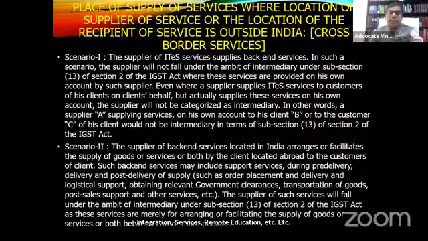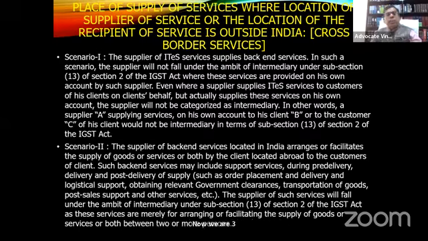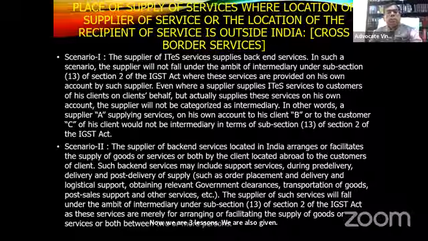Now here 3 illustrations were also given, and it said that if one is himself undertaking this supply to a customer outside India, then obviously he is not an intermediary, because he himself is undertaking the transaction.